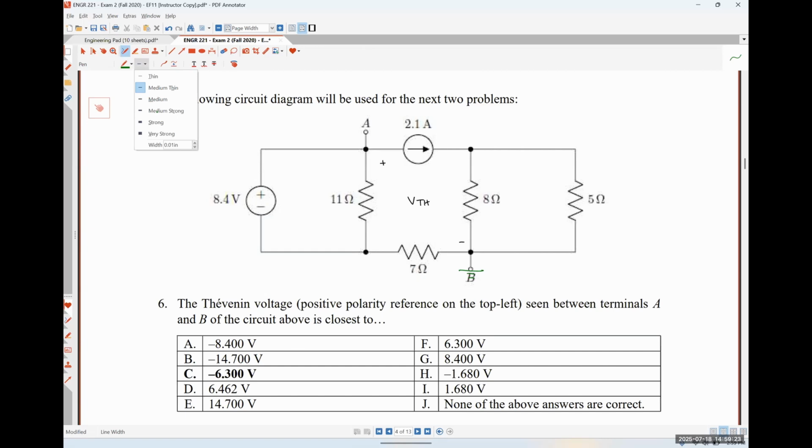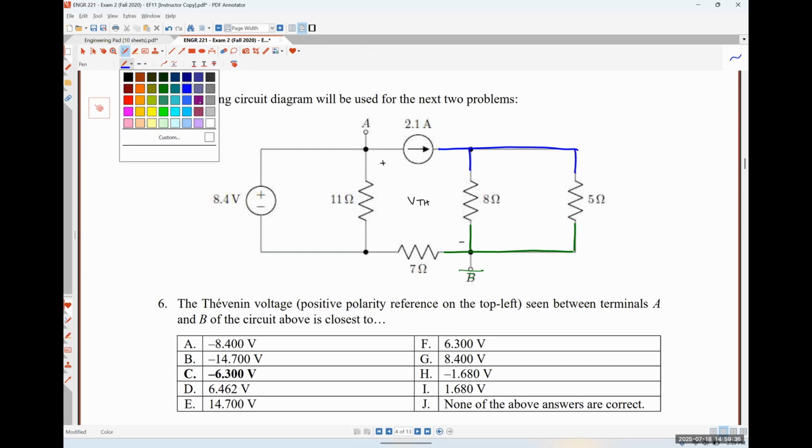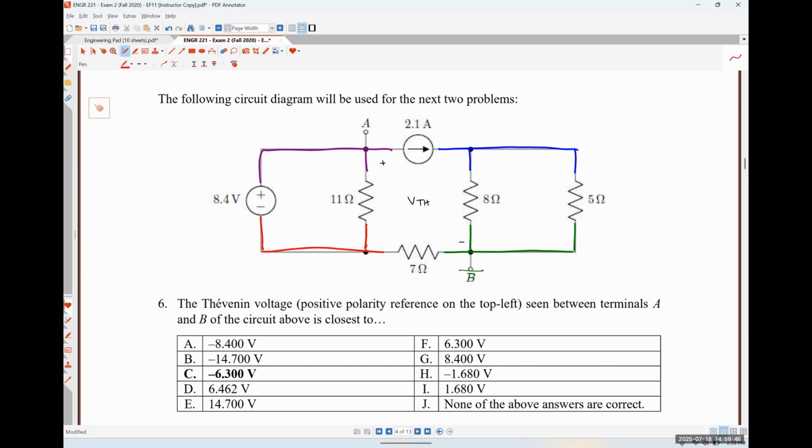I'm going to identify my nodes here. I'm just going to keep this one in green. Then I'll have this one up here, this one, and this one.